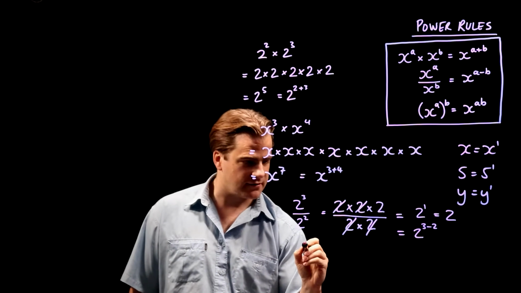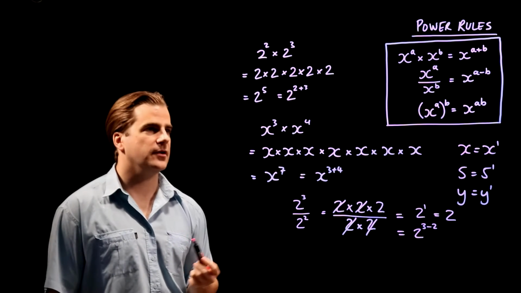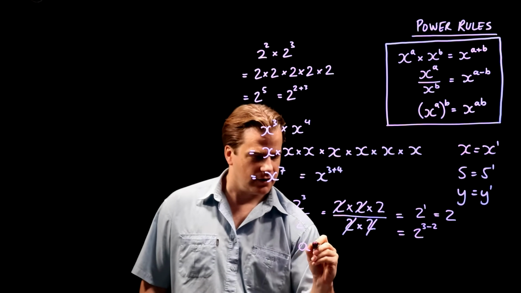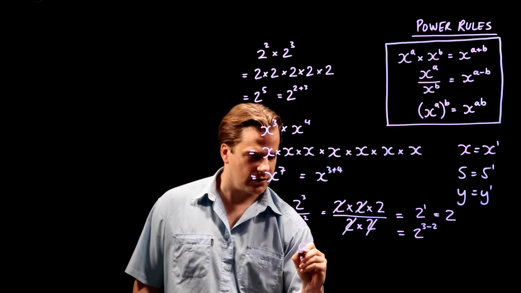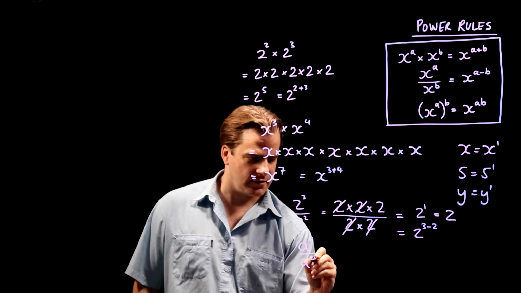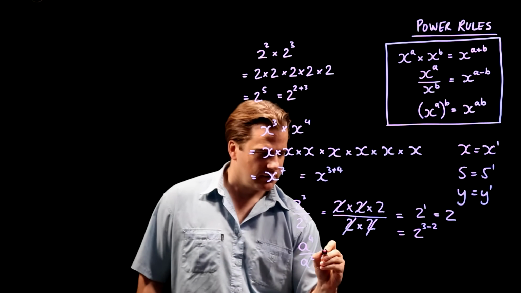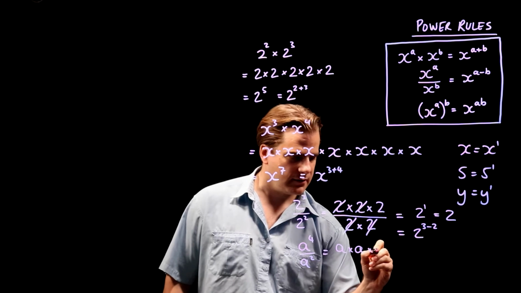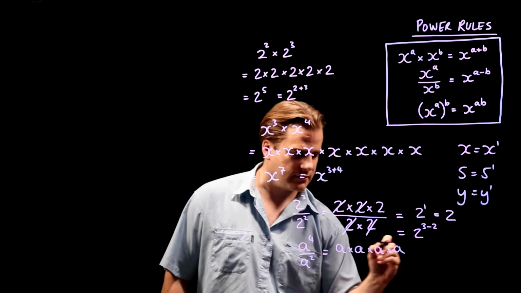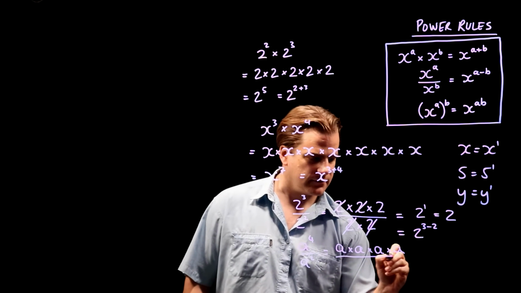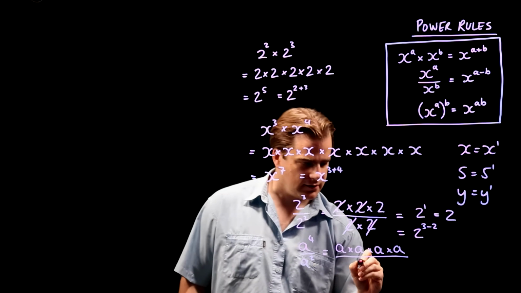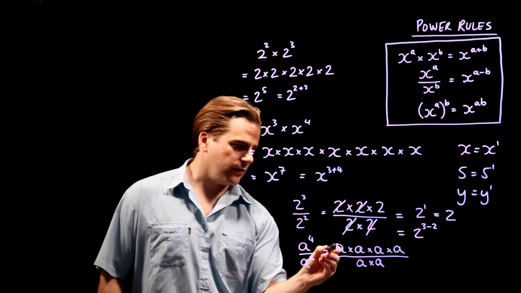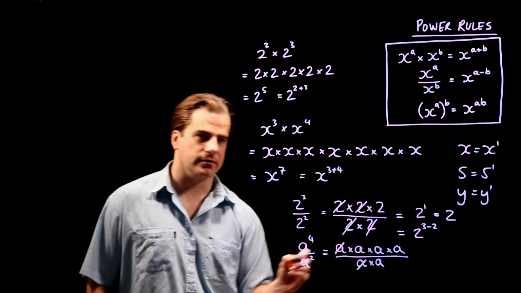Let's do an example with x's. No, let's do a different variable, a. Why not a? Let's have a to the 4 over a squared. Okay? That's a to the 4 is a times a times a times a divided by a squared is a times a. Okay, a on the top, a on the bottom, they cancel.